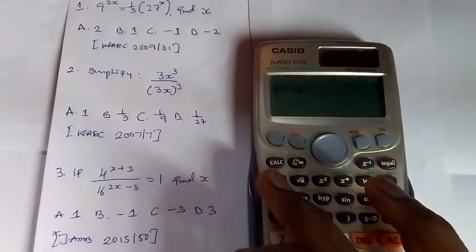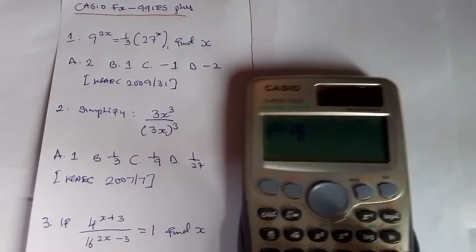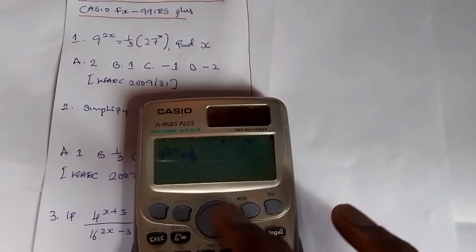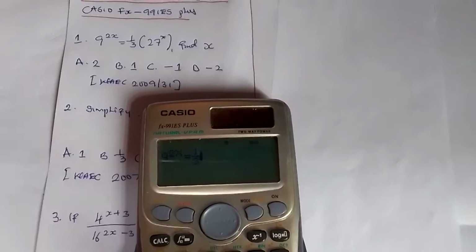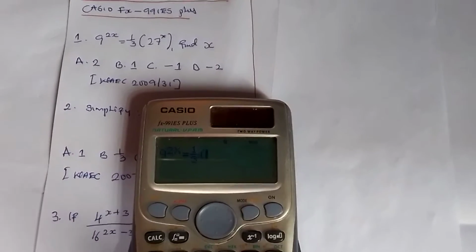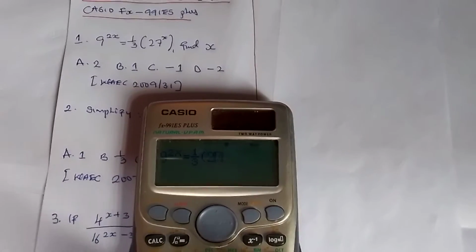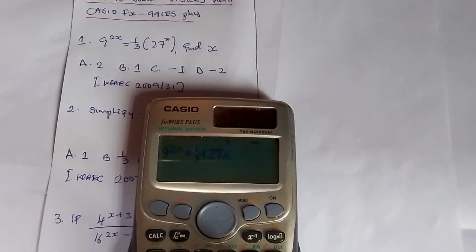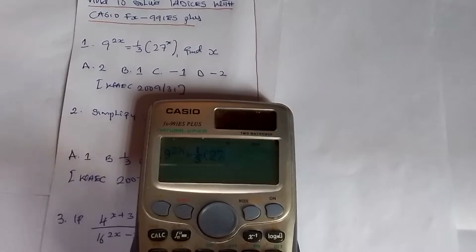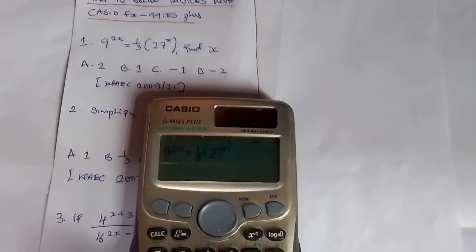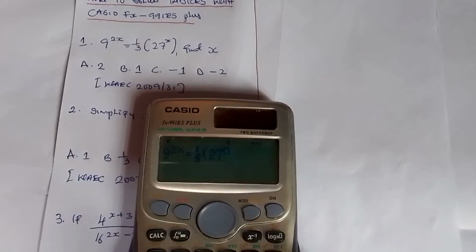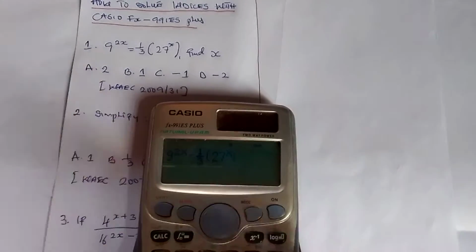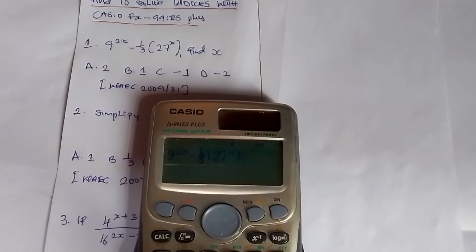I'll press my fraction button and bring in 1 divided by 3. Then I'm going to open a bracket and put 27 inside the bracket. Then I press exponential first, then alpha, then x, and then I'll bring back my cursor and close my bracket.